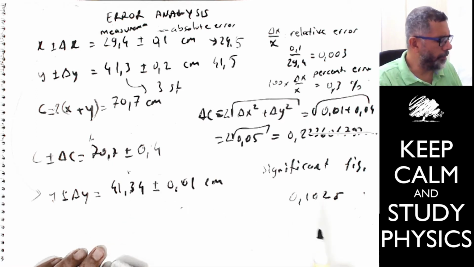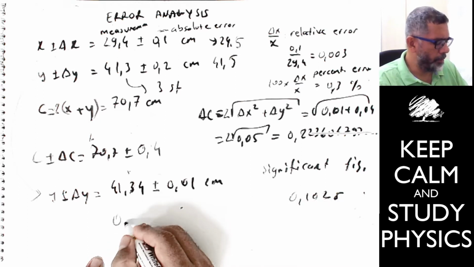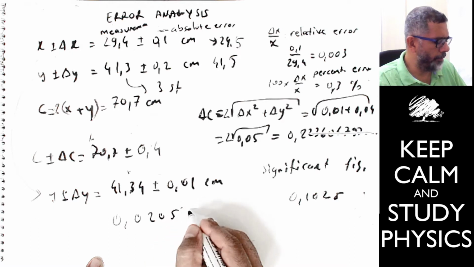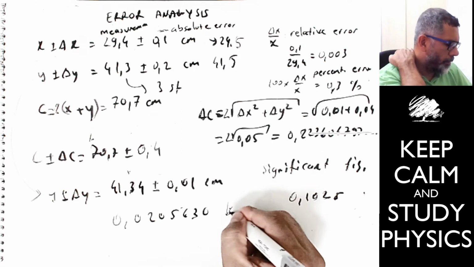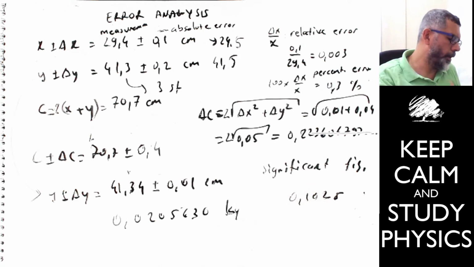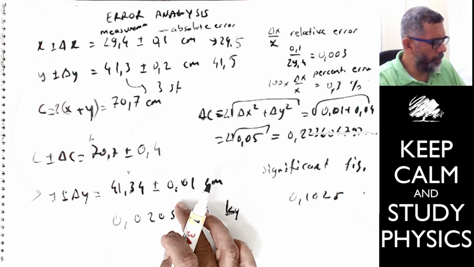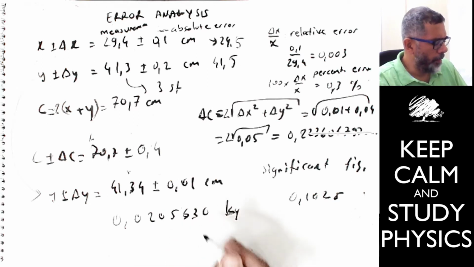Well, what about if your measured part starts with a leading zero? It starts with 0.0205630, let's say, seconds or kilograms. Okay, so in case you have such a measured value, it's again a decimal number.